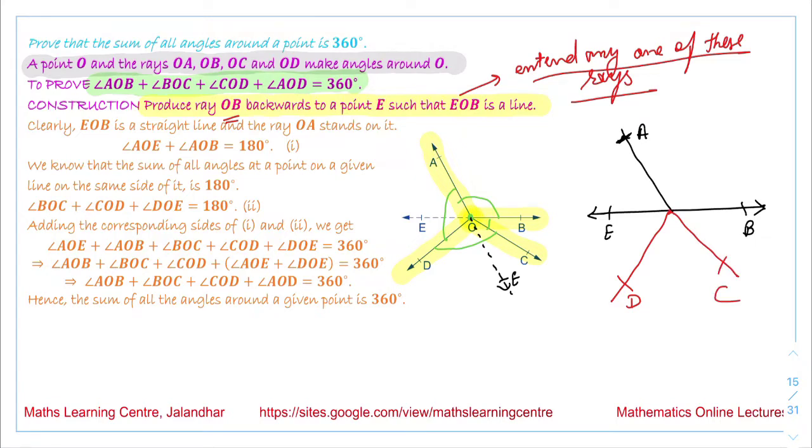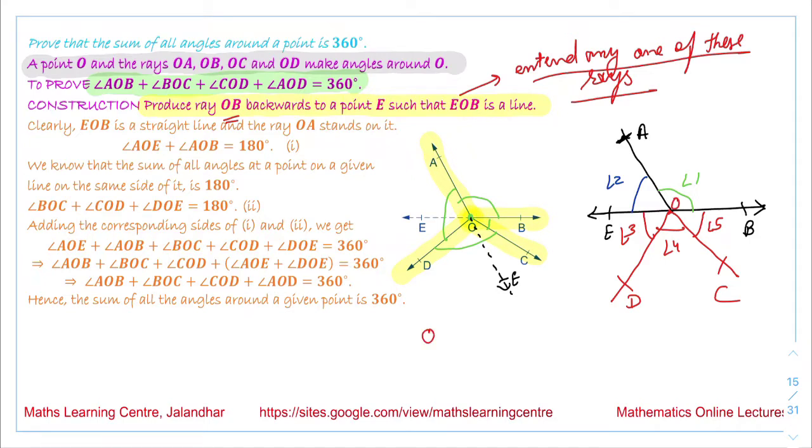So I am writing different angles like this. This is suppose angle 1, this is suppose angle 2, next we have is angle 3, next we have is angle 4, and this is angle 5. Now this is the point O we have.